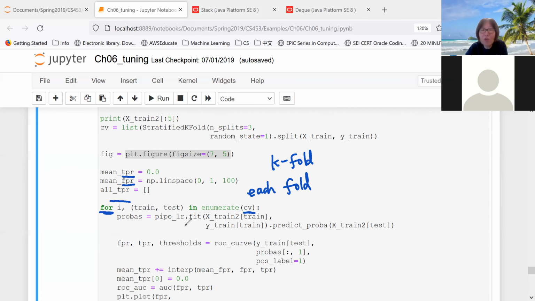Then for each fold, for our training data, we train the model. This is the pipeline part for model training.